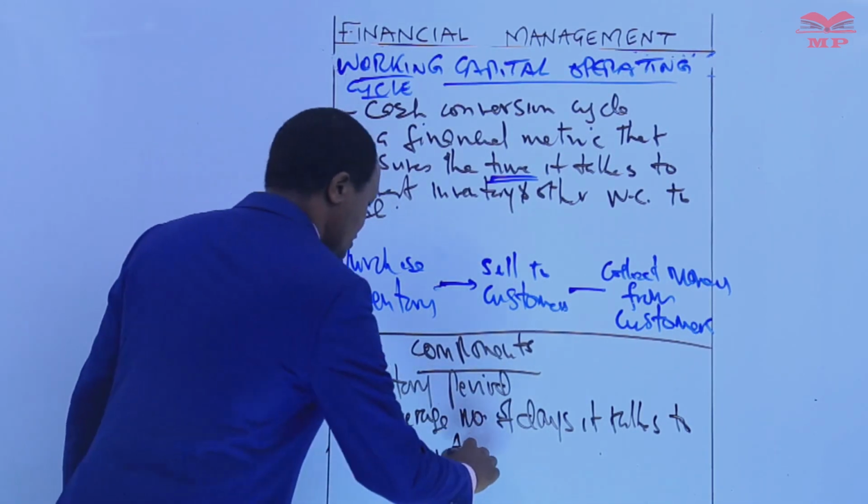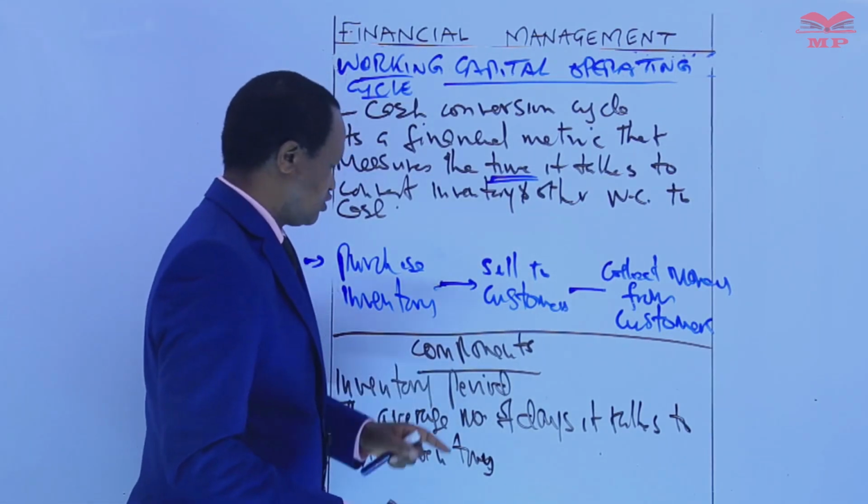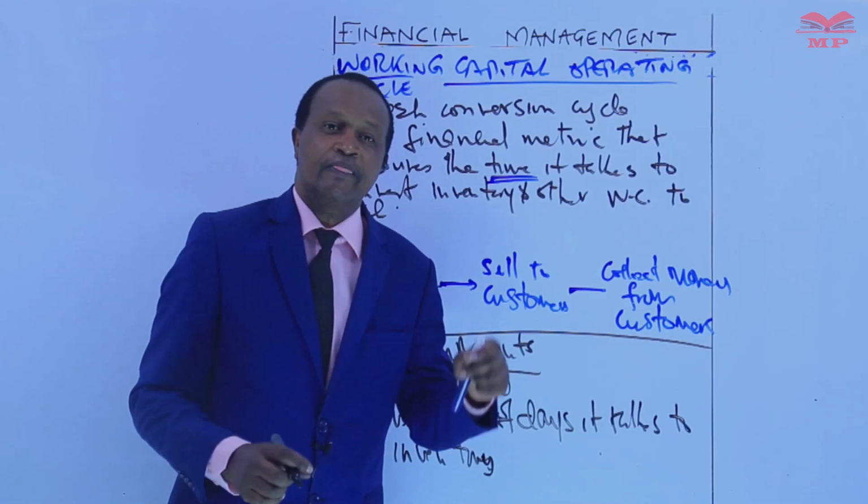The number of days it takes to sell inventory is the first component, what we are calling inventory period.